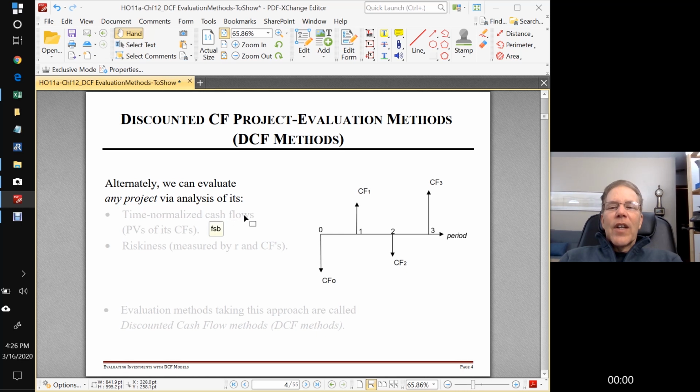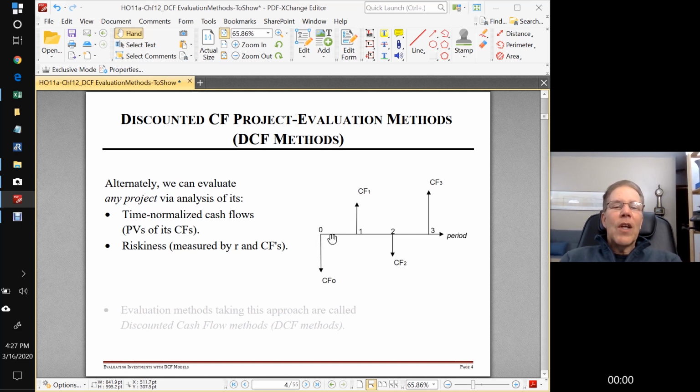The nice thing is that we can evaluate any project if we look at its time normalized cash flows. What I mean by time normalized is the present value equivalent of each project's cash flow. So we have to remember the time value of money, and we have to remember, well, this cash flow happens here in a year, but what's its equivalent at t equals 0?